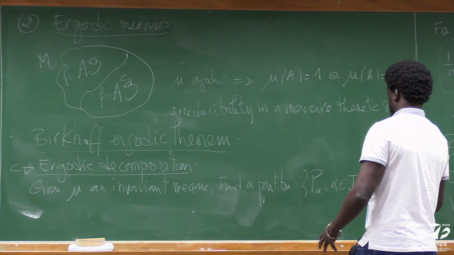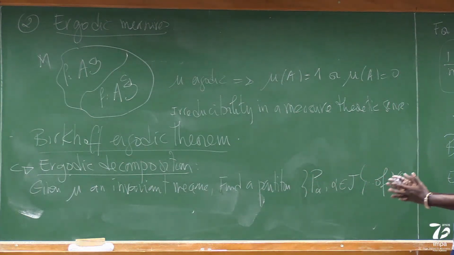This is a partition of M, and in each P alpha, the dynamics is invariant, and there I have a measure mu alpha that is ergodic.